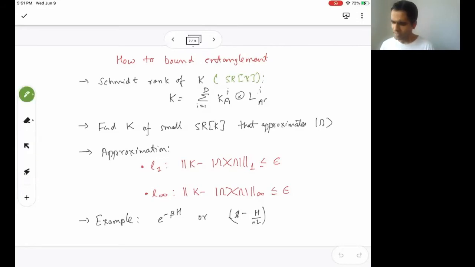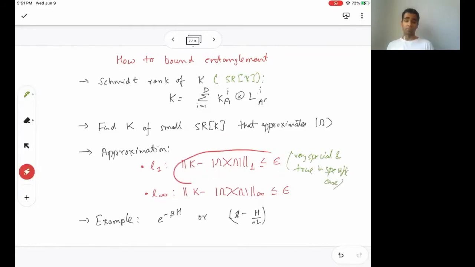But it turns out that this is very hard to guarantee. It's a very special criterion, and true in some specific cases. So this is not a very general way to try to prove area laws.